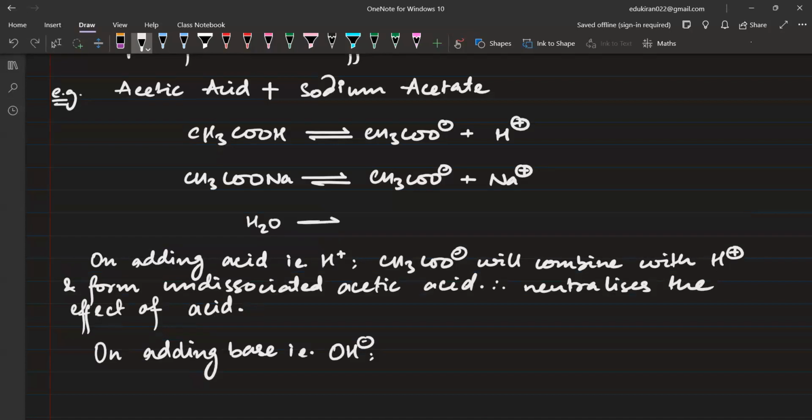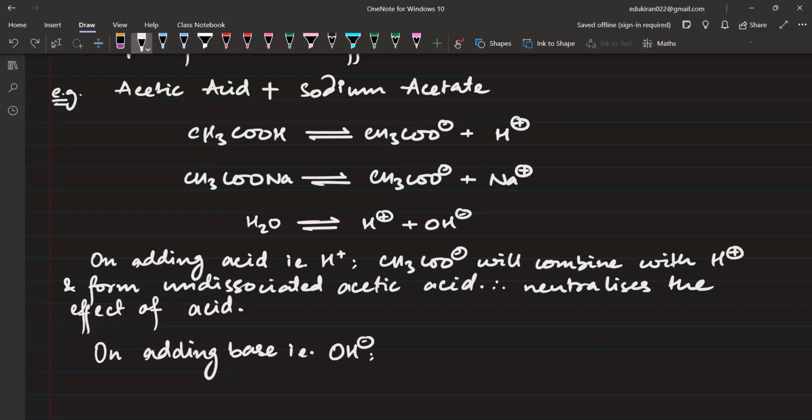H2O is auto-ionized into H positive plus OH negative. This will always exist, even though in a very small amount compared with the above two equilibria. So when we add OH negative, these two will combine with each other, and this equilibrium will be shifted to the left side.